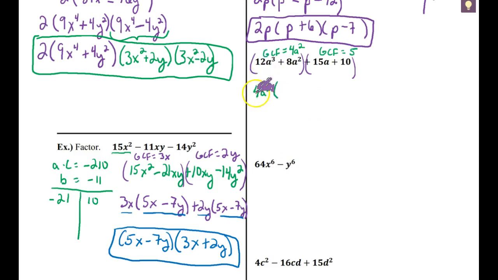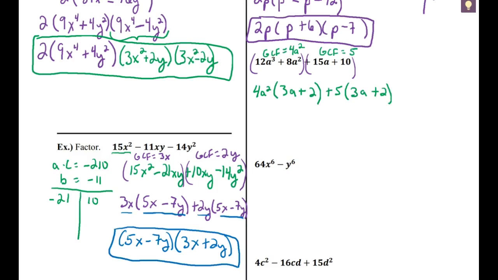What's left? 12 divided by 4 is 3. A cubed divided by a squared is a. 8 divided by 4 is 2. And a squared divided by a squared is 1. Same thing over here. I'm taking out a positive 5. So 15a divided by 5 would be 3a. And 10 divided by 5 would be positive 2.